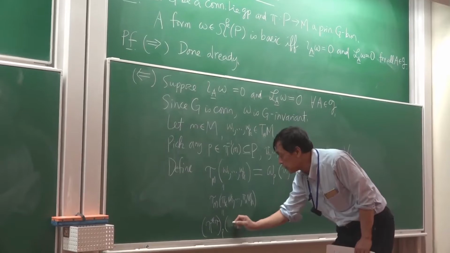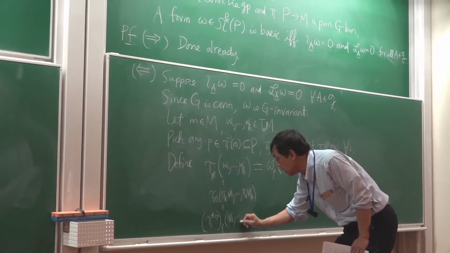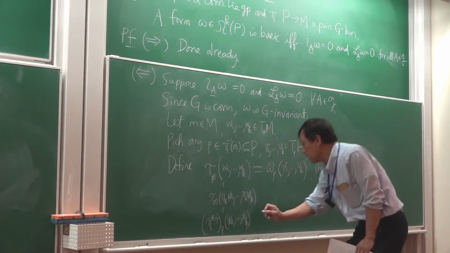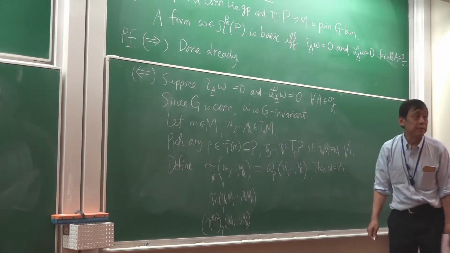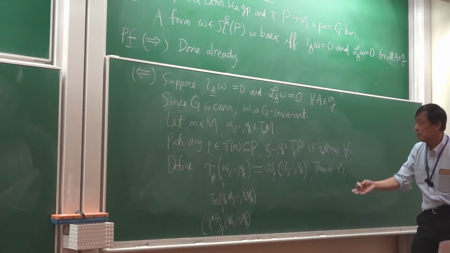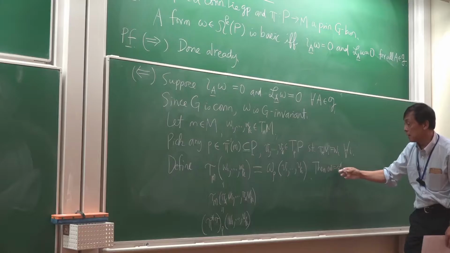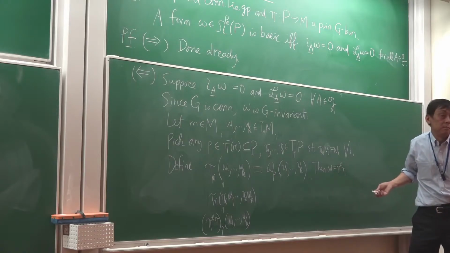So it's the pullback of tau evaluated on V1 to Vk. So I have produced a form downstairs so that omega is the pullback. That means omega is basic.